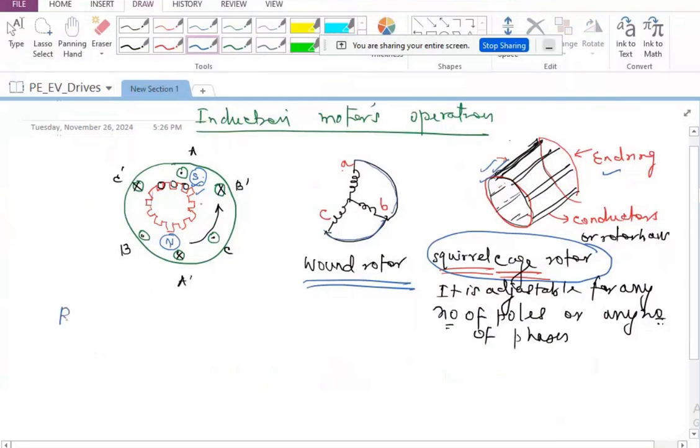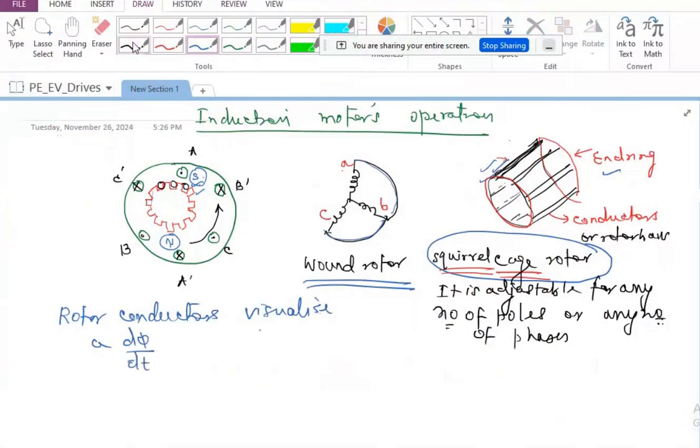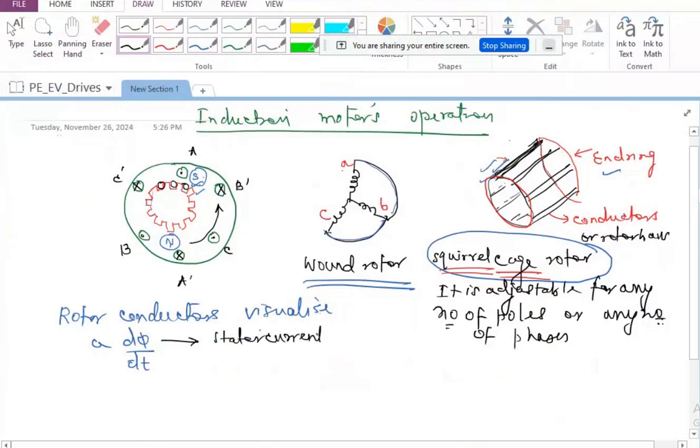So the rotor conductors visualize a d phi by dt, the rate of change of magnetic field. The flux value depends upon how much is the stator current and how many stator conductors I have.